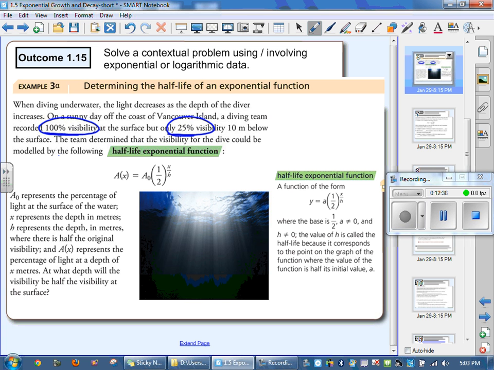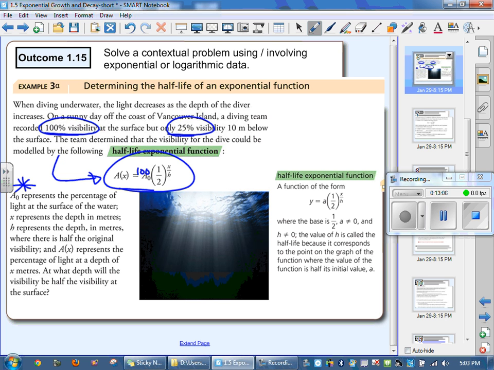Now, what do A(x) and A0 stand for? Well, it tells us over here on the left-hand side what all of these stand for. They're telling us A0 represents the percent of light at the surface. So we know at the surface we have 100% light. Then it's telling us that x represents the depth in meters, and h represents the depth in meters where it's half your original visibility.